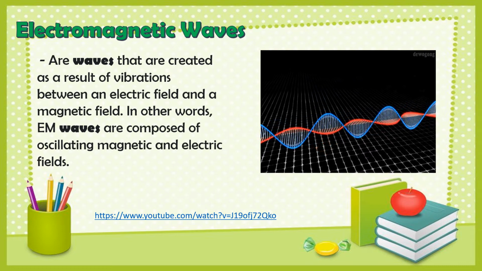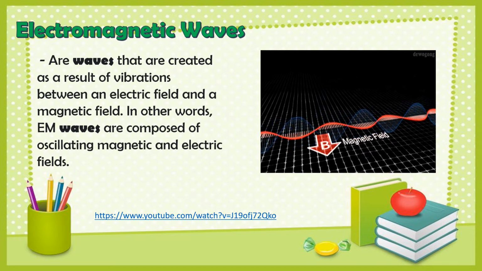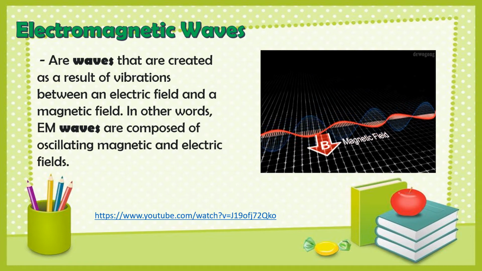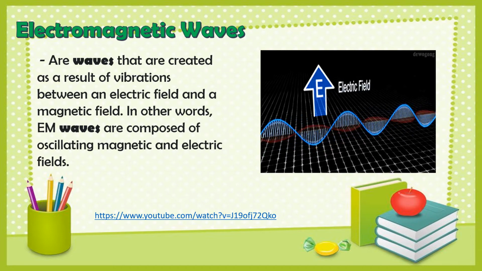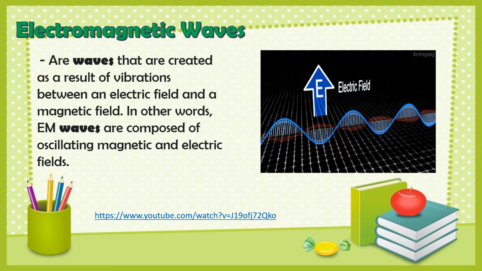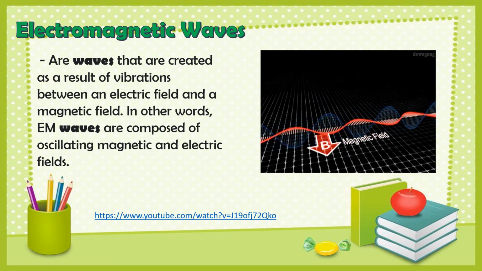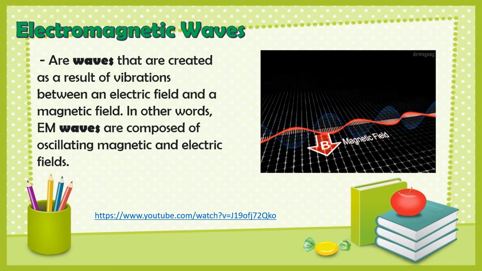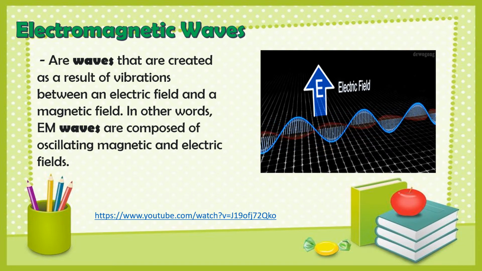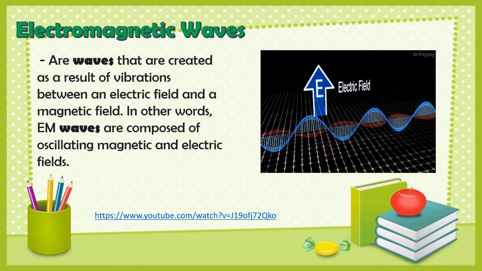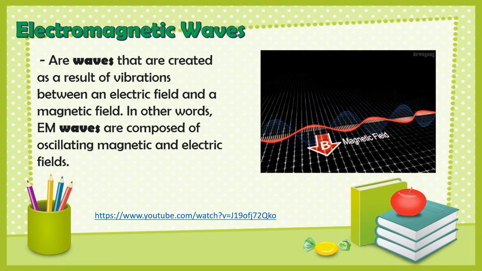What are electromagnetic waves? These are waves that are created as a result of vibration. So look at this illustration or this 3D image. They are waves that are created as a result of vibrations between an electric field and a magnetic field.